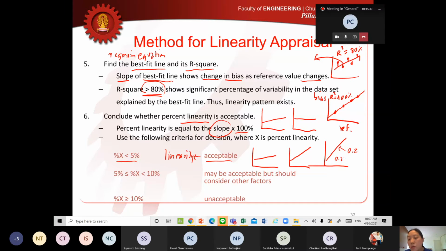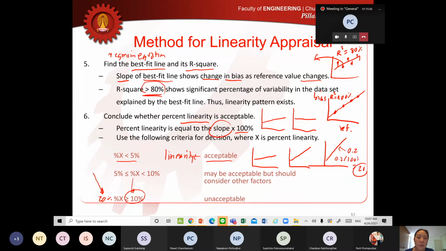when you multiply 0.2 by 100, you will get 20, right? And then if you compare 20 with the criteria, suppose you use the criteria of 10%, you will say that this percent linearity is greater than the acceptable criteria.